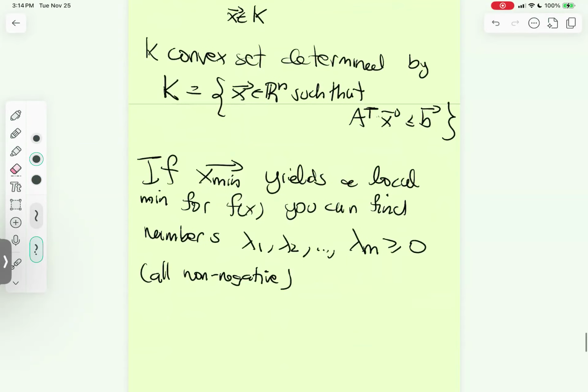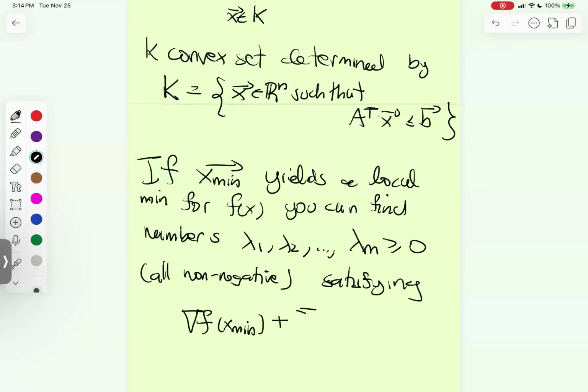So here, this is a_i. And the thing here is that because they're linear inequalities, the gradients are super easy.